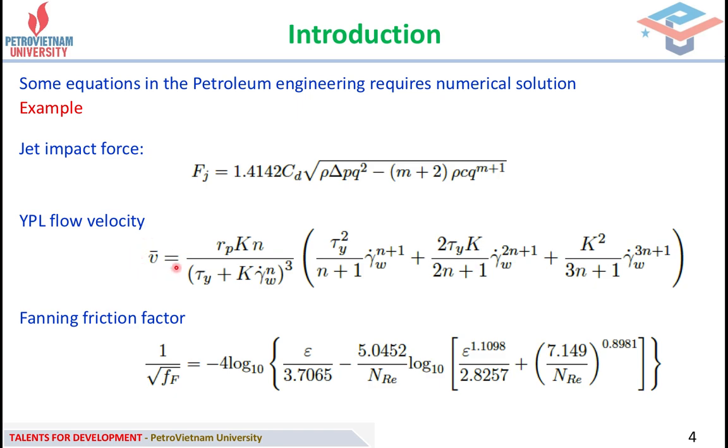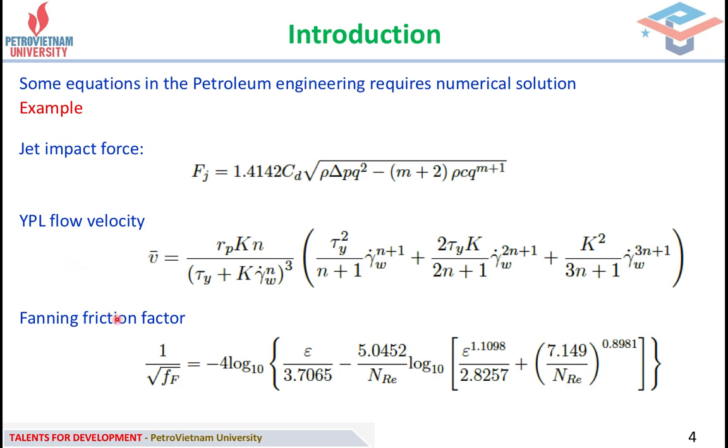And from the wall shear rate, you'll be able to calculate the wall shear stress and the pressure gradient, given all of the rheological properties of the drilling fluid and the geometry of the pipe. This is for laminar flow of a power law fluid in a drill pipe.